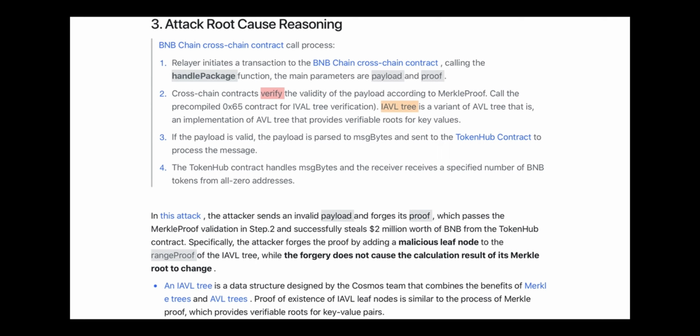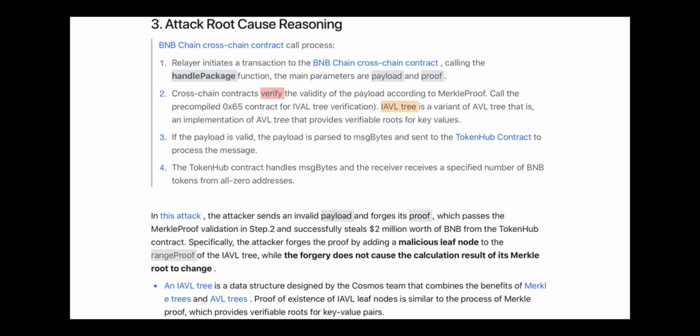This tree is a variant of the AVL tree, an implementation provided by verifiable roots for key values. If the payload is valid, it's passed into a message and sent to the token hub contract to process the message. Then the token hub contract handles the message bytes and the receiver receives the specified number of tokens at a particular address. Then the theft of the tokens can potentially happen.